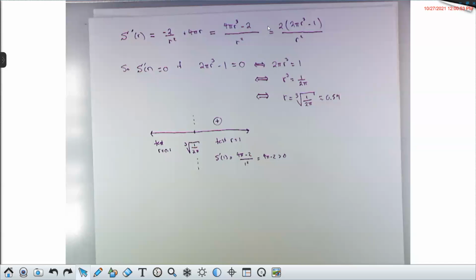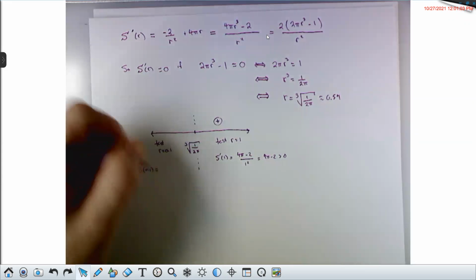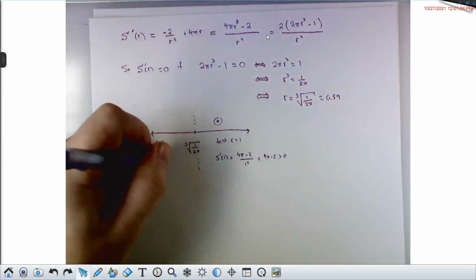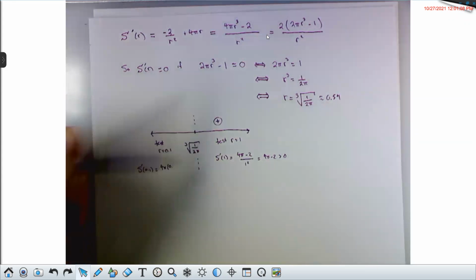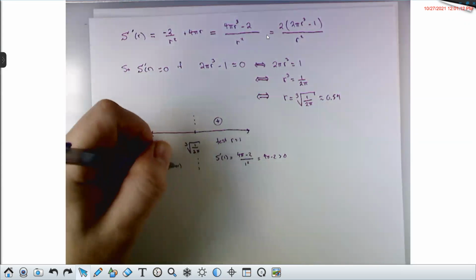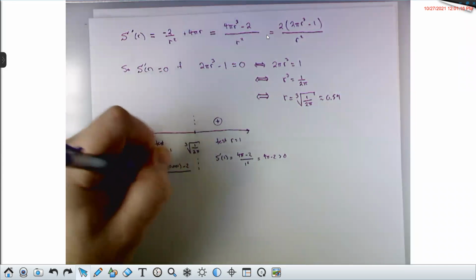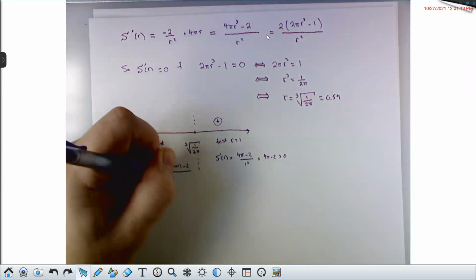And if you plug 1/10 into this expression, S prime of 0.1, or 1/10, would be 4 pi times 1/10 cubed, which is 1/1000 or 0.001, minus 2, all over 0.01, right? 1/10 squared.